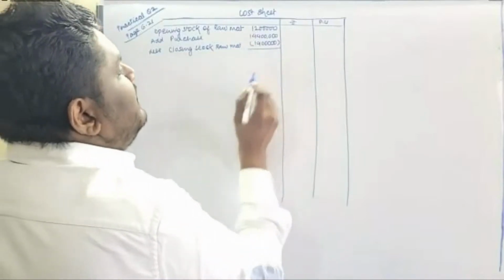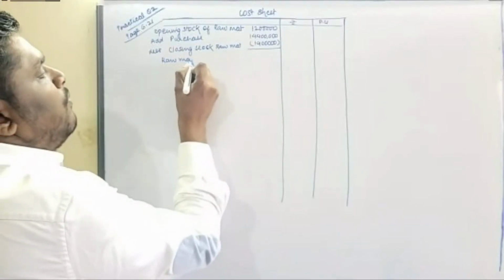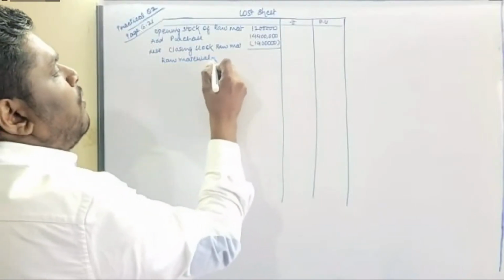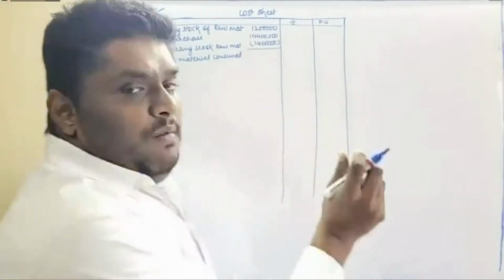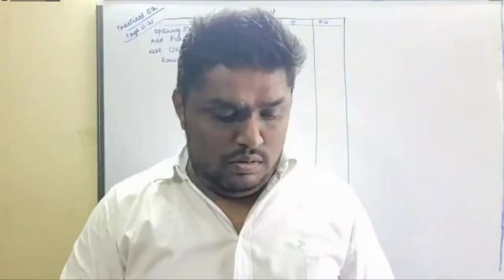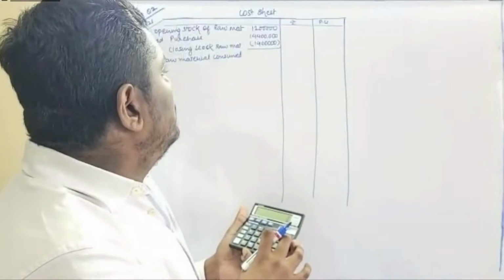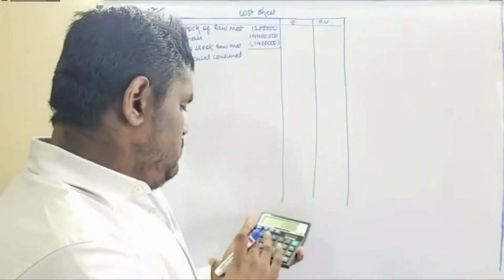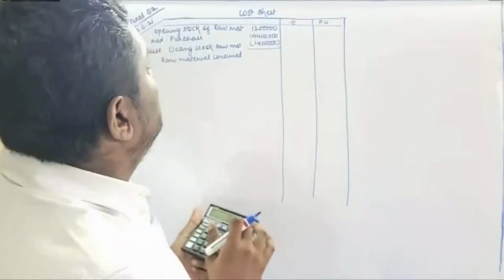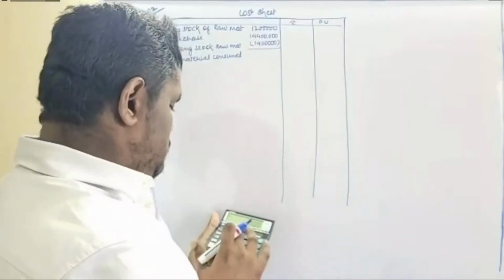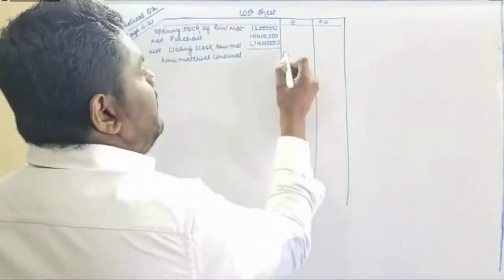So we'll get raw material consumed, this will be 1 crore 42 lakh.